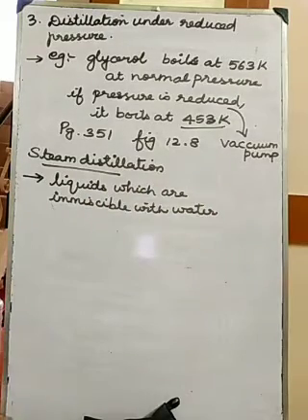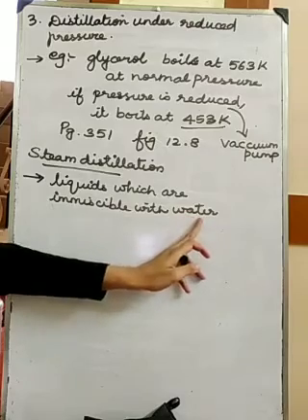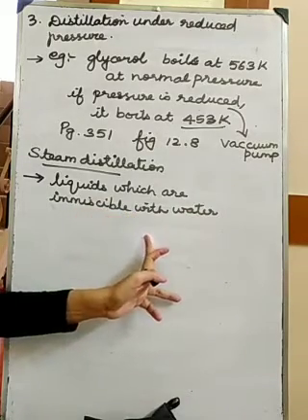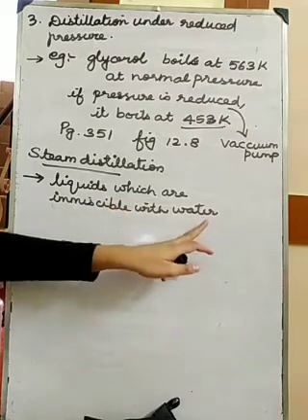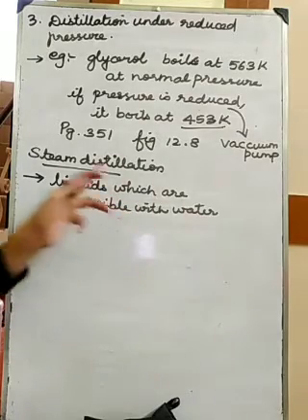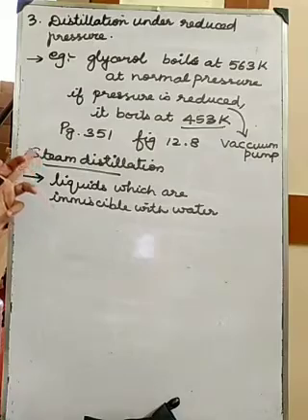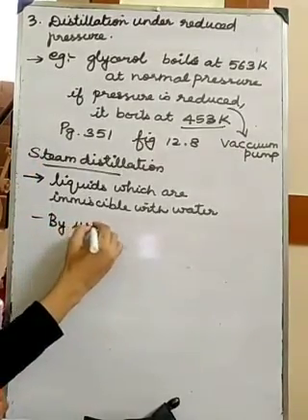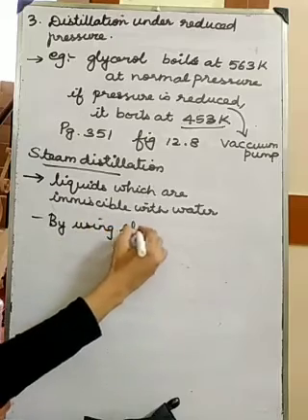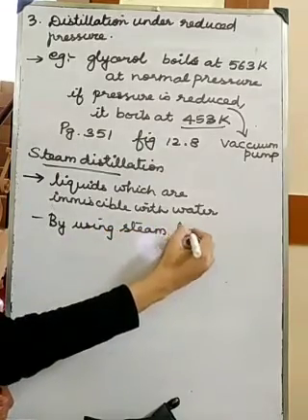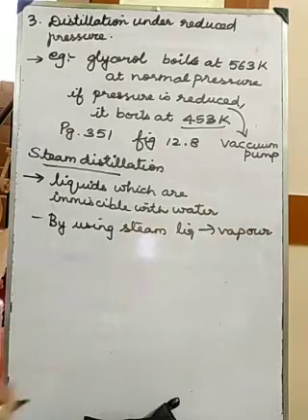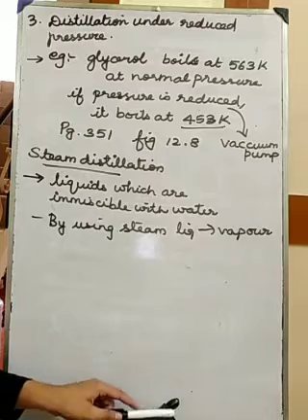So what will happen? The liquid will not mix with water. So we will not be able to boil that liquid. So in that case, instead of using water, what will we be using? We will be using steam. So by using steam, the liquid is changed into vapors.